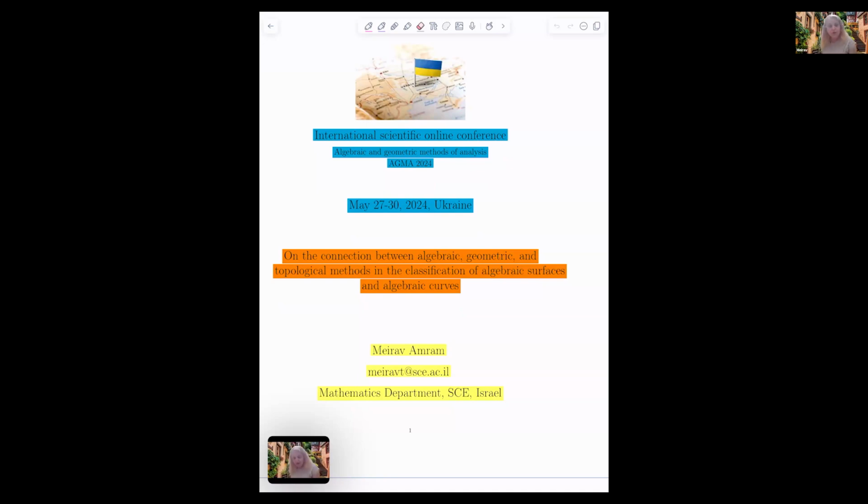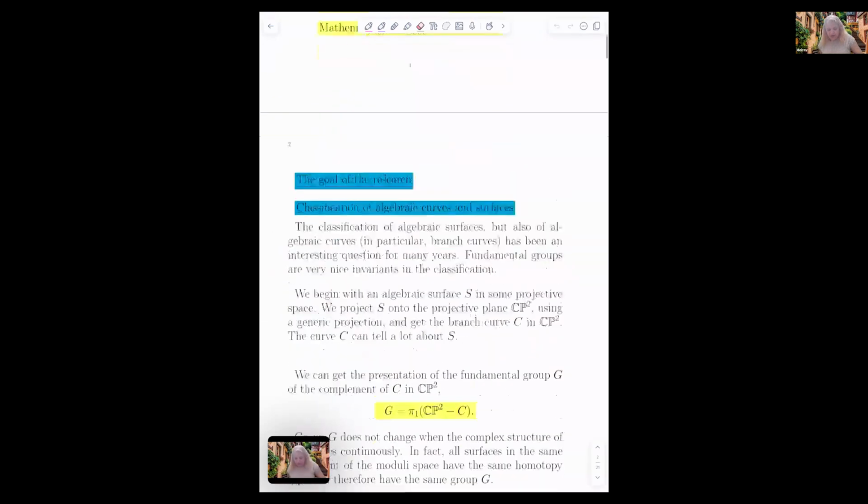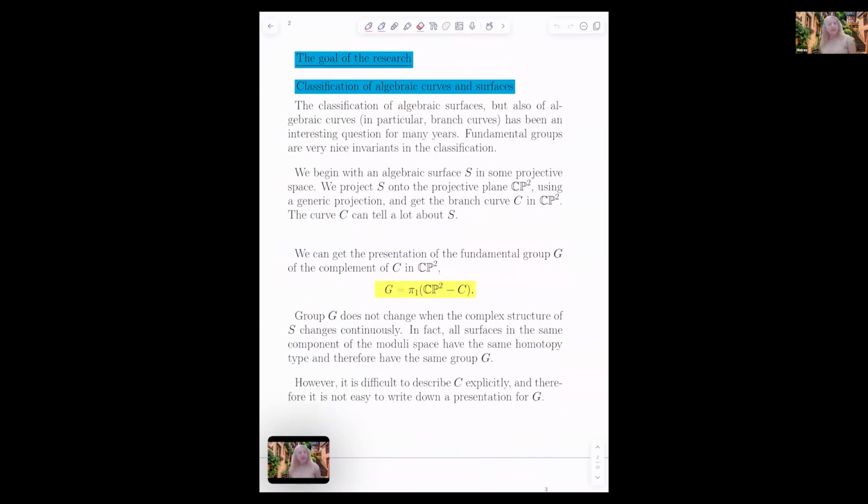I would like to show you today these two directions of research. So, first of all, I will give some background. Then I will show you some nice examples and pictures. So the goal of the research is, of course, classification of algebraic curves and surfaces.